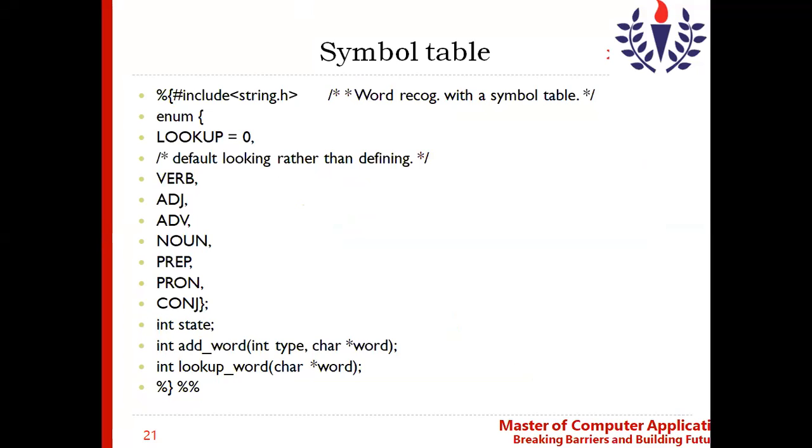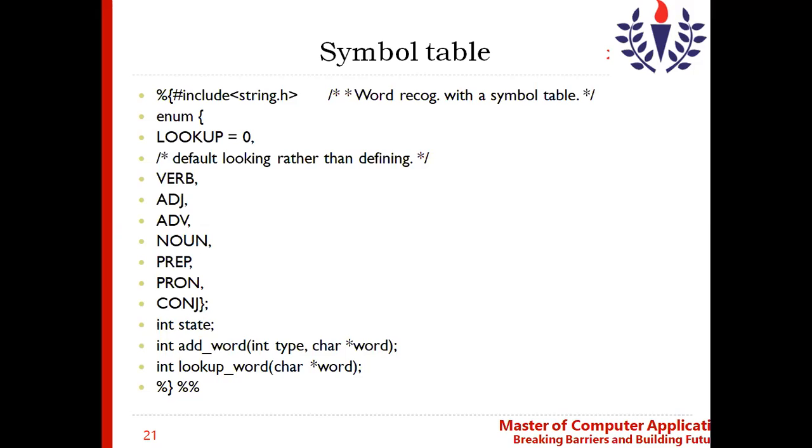Let me give some more insight on the symbol table, what we use in the Lex program. The symbol table is used here in order to make entries with the words and the type of the words.